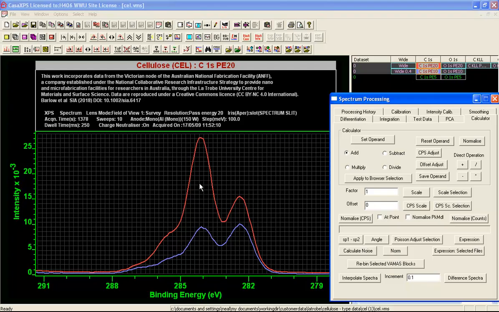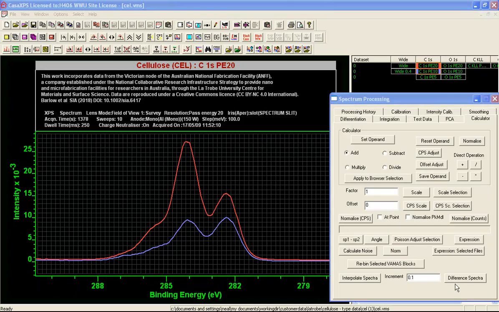And the objective is to find within that data set spectral forms that we can identify with cellulose, and hopefully another spectral form that will show us the difference between cellulose and what we see in these two spectra.